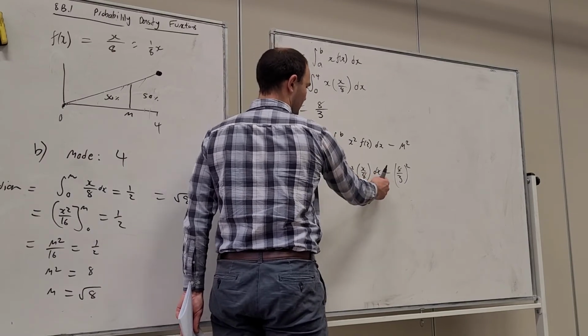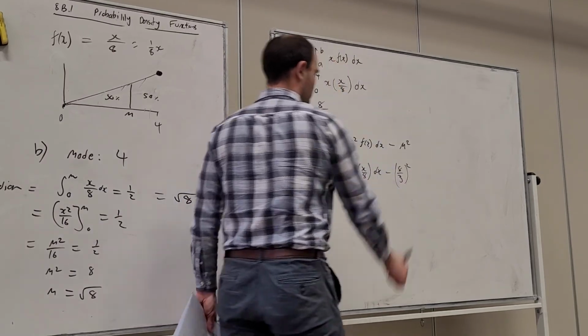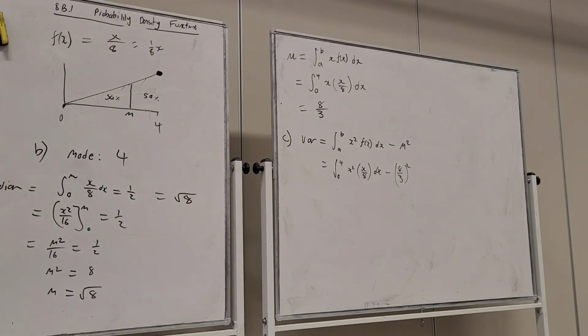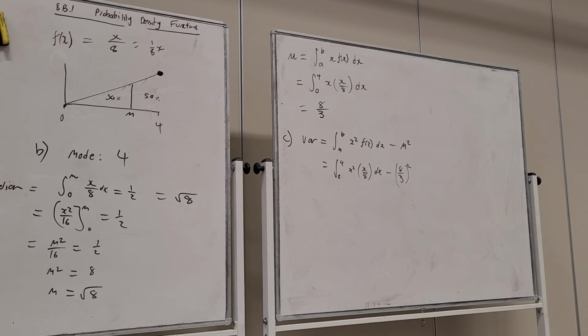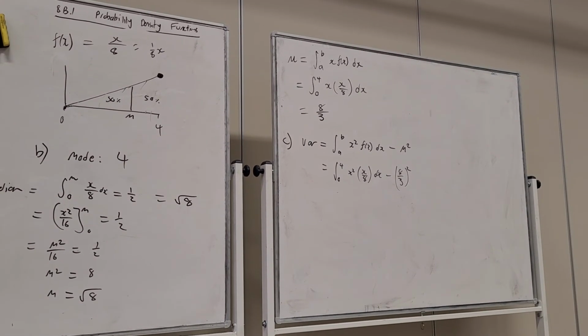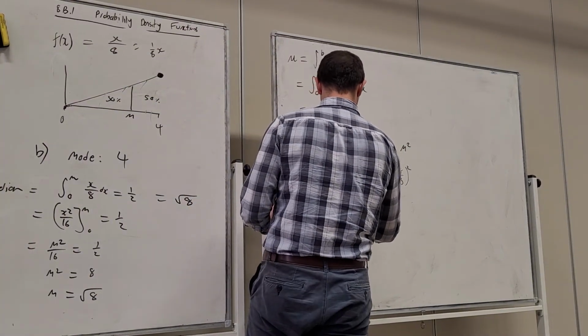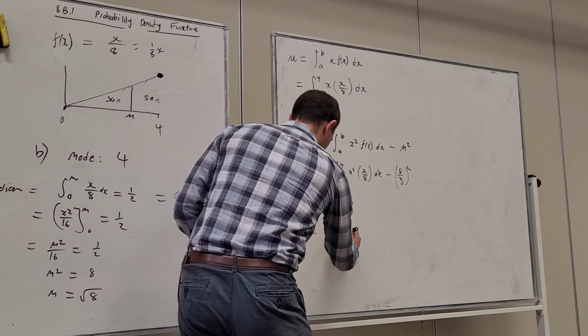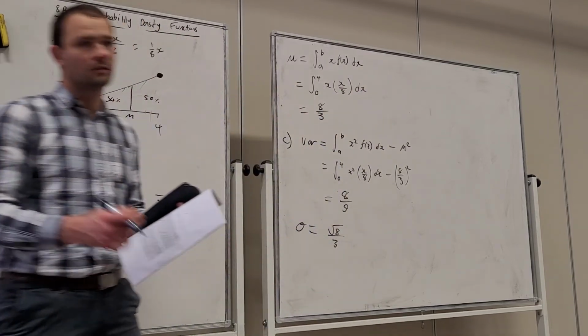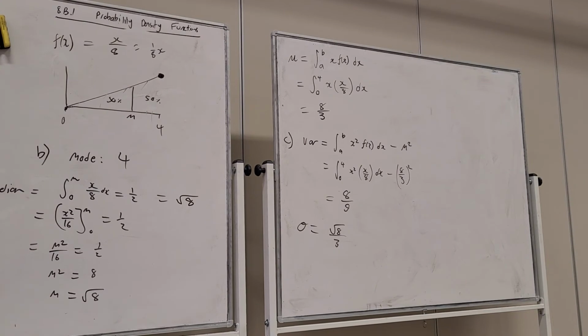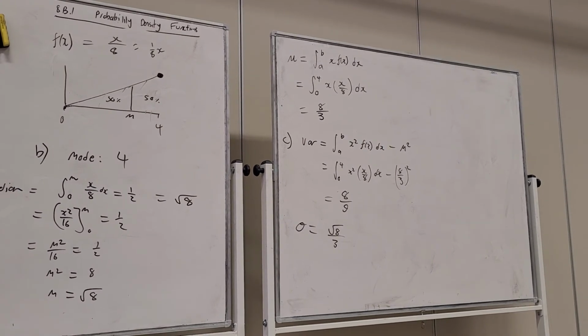This is what you're integrating, and then after that, you're going to subtract 8 on 3 squared. So I'll process that quickly. From 0 to 4, I've got 8 on 9, which means the standard deviation is going to be the square root of 8 on 9, being the square root of the variance.